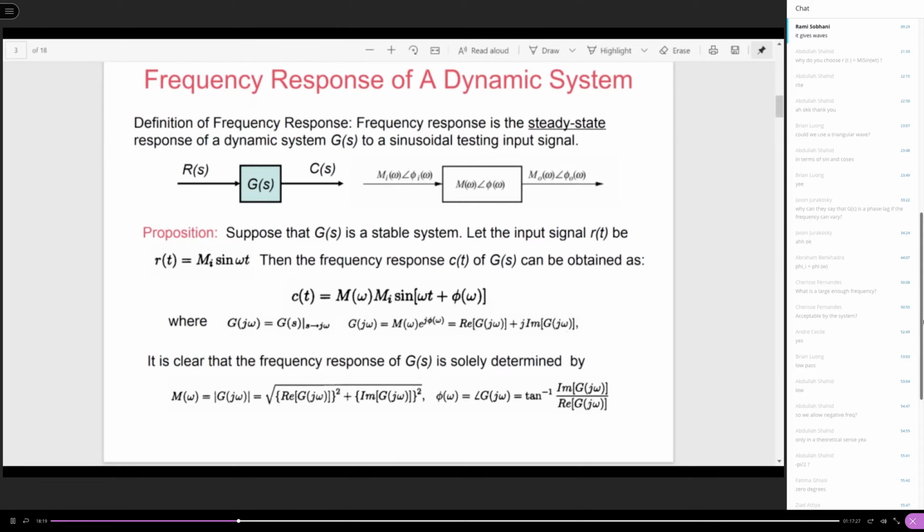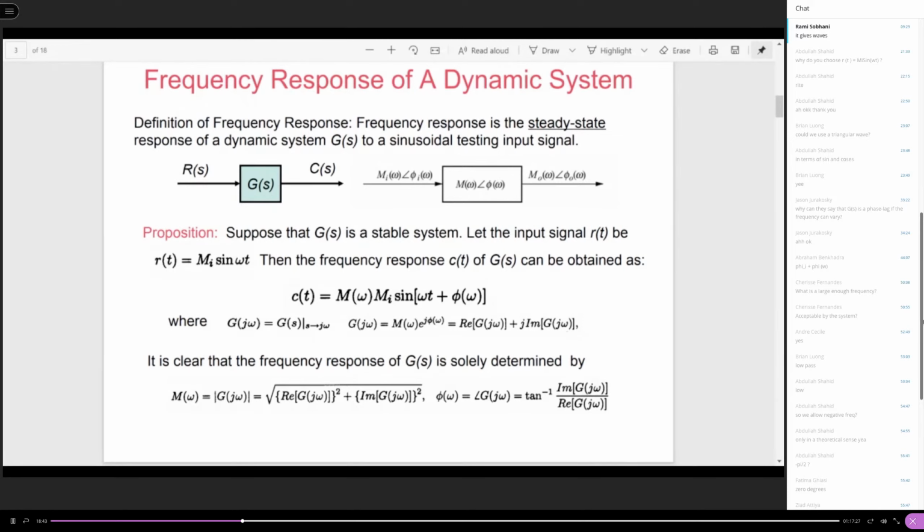You can intentionally set the testing input sinusoidal signal's initial phase to be 0. Then you're going to find that for different dynamic systems, the steady state response to this testing signal will carry a different value of the initial phase.